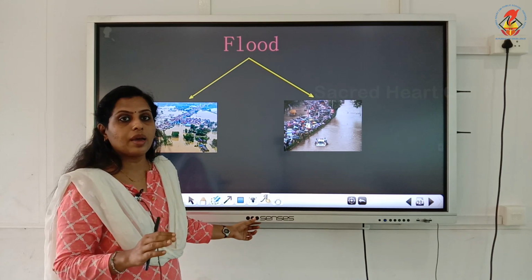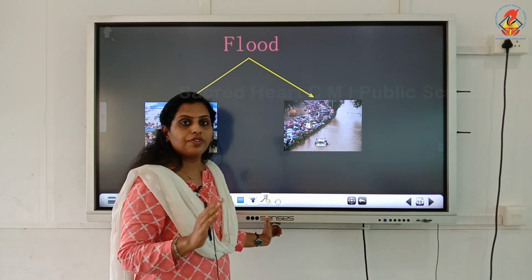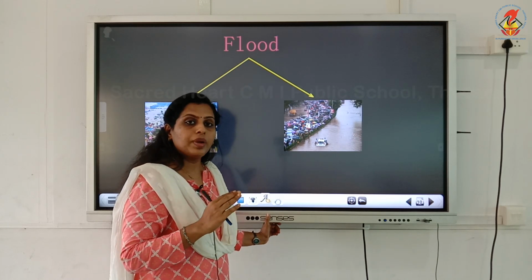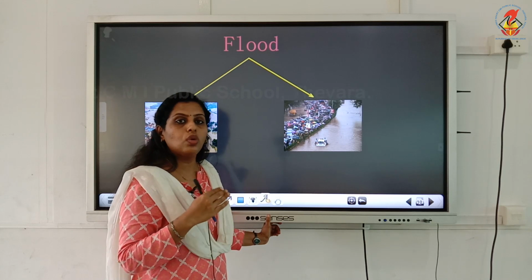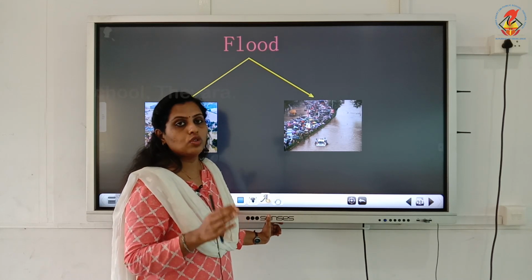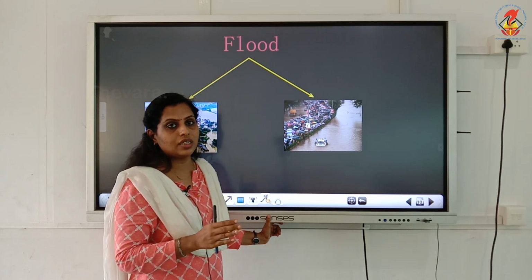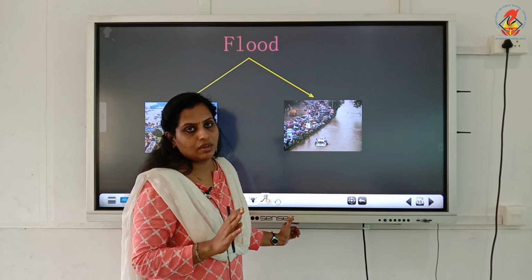Let's take the example of Mumbai. Mumbai is a very fancy city. People are crowded there, and there are lots of tall buildings. It is an overcrowded city. In that place, usually when there is rainy season, everything comes to a standstill.